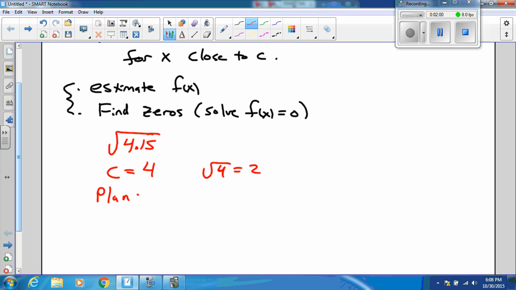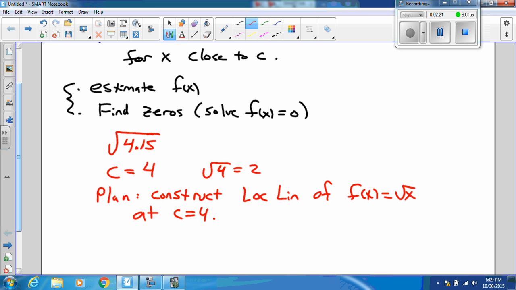So our plan is going to be to construct the local linearization, which I'm going to abbreviate as loclin, the local linearization of the function f of x equals the square root of x at c equals 4.